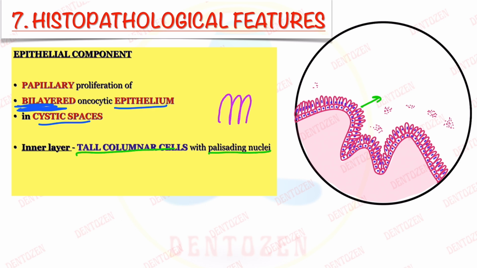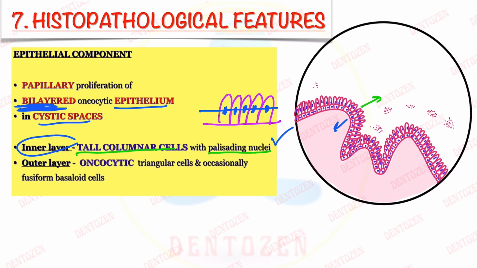If you look at these cells, the nuclei of all these cells are at the same level, which gives it a palisading appearance. So tall columnar cells with palisading nuclei form the inner layer, and the outer layer, which is away, is made up of oncocytic triangular cells and occasionally basaloid cells. So those are the two layers and the cystic space.